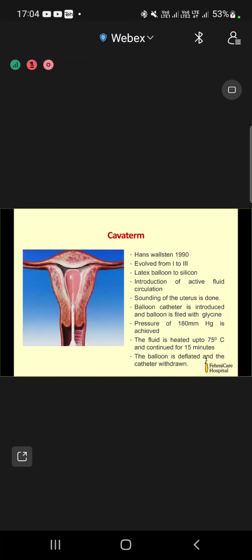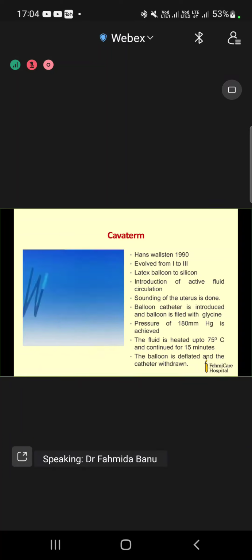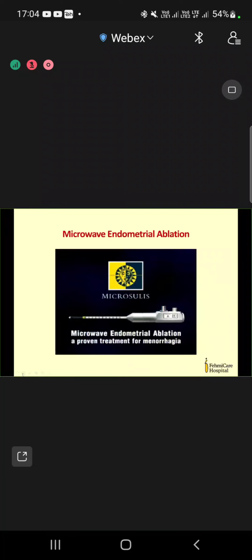So this technique is almost similar to Thermachoice, but the difference is the time is double and the results are slightly better compared to Thermachoice.